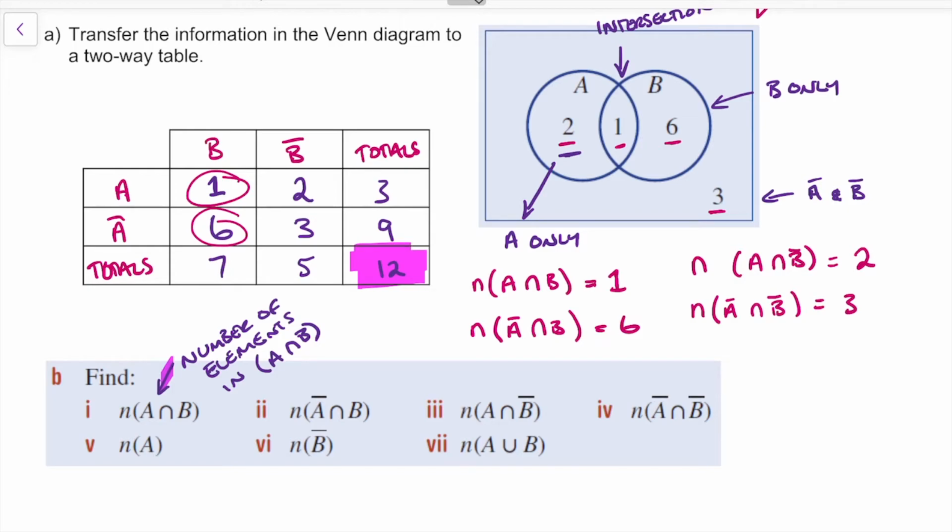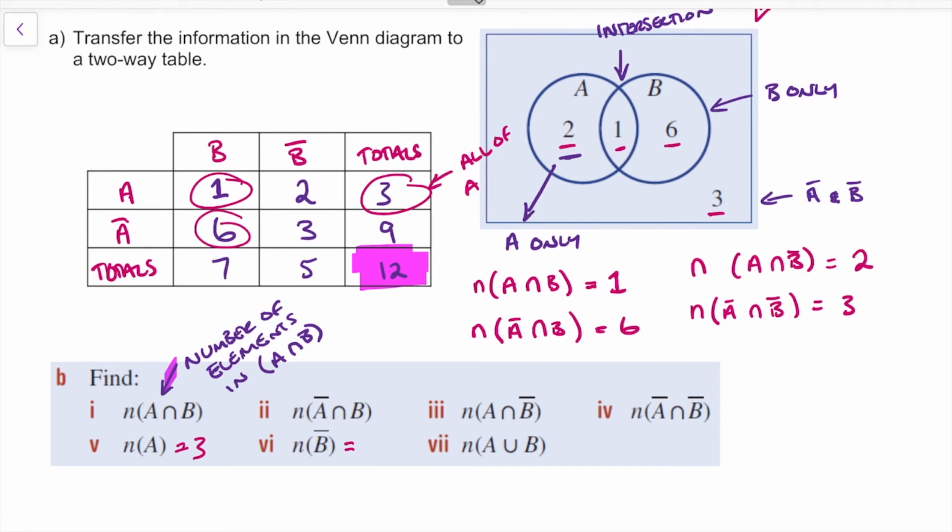Then the number in all of A, so that's our total over here. That's all of A in here. So that one's going to be 3. All of not B, so that's anything that's not B, so that's that 2 and that 3 outside, so there's 5 in that one.